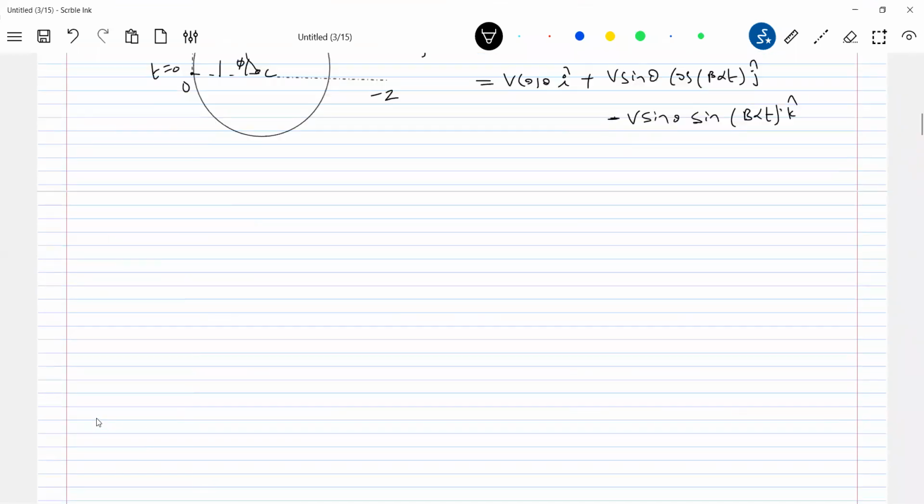Now, if there is an electric field vector, what conditions do we have to bring in? So this is the x-axis. This is the y-axis.